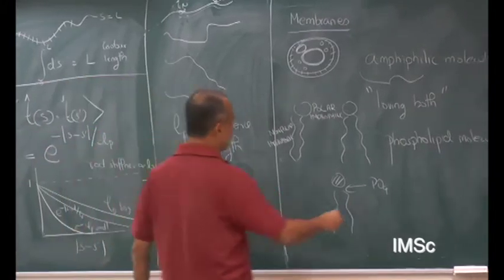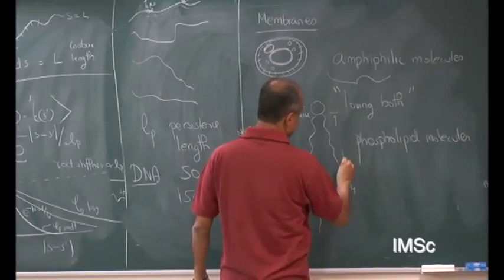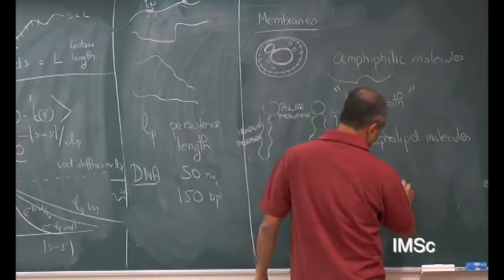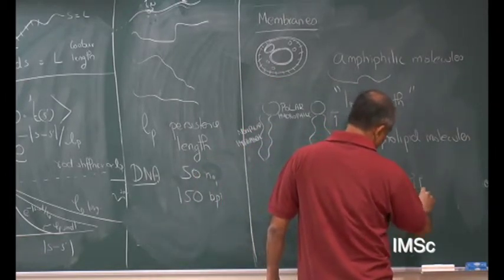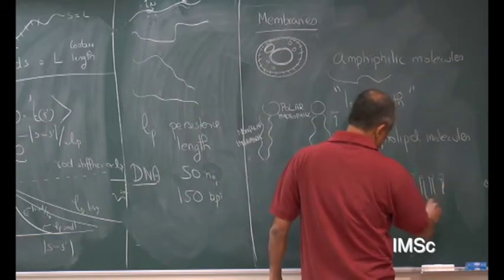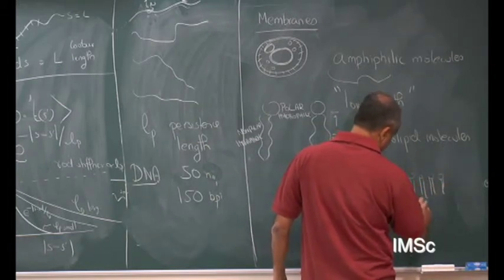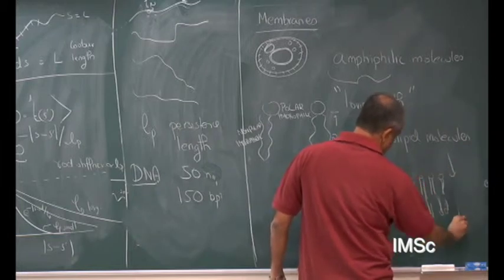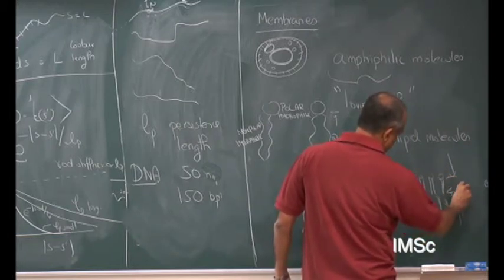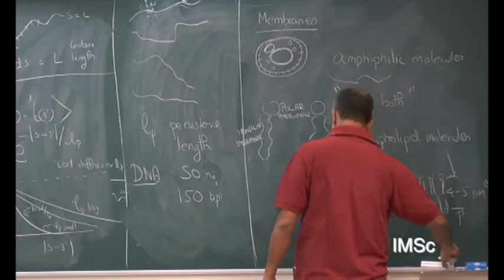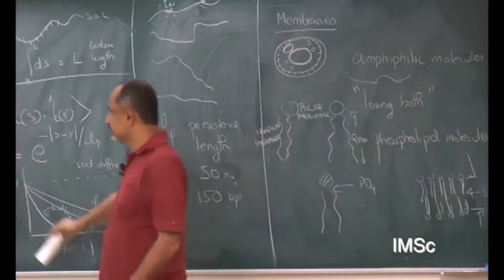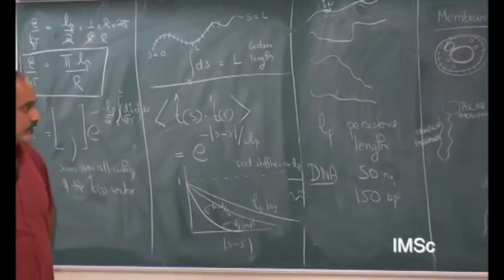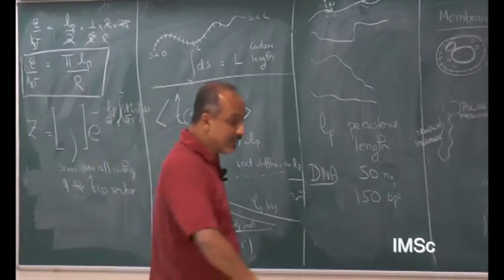So the total height of this might be something like 2 nanometers, whereas the cell's bilayer membrane, which looks a little bit like this as a schematic, has a dimension which is about 4 to 5 nanometers. Sir, let me ask one thing. This is a single layer, right? Is it a bilayer? This is a bilayer.